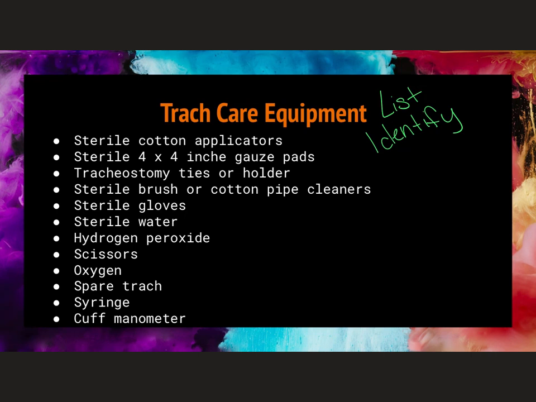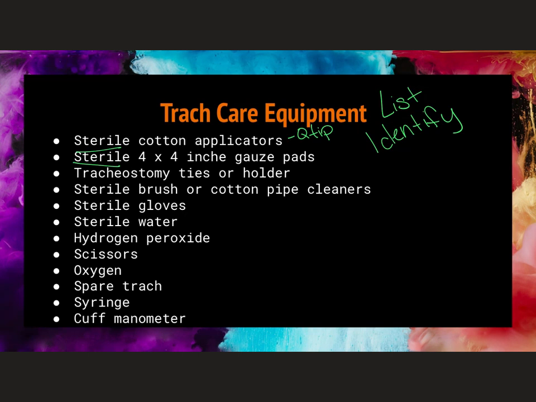So you're going to need sterile cotton tip applicators, a fancy word for Q-tip. But the key is sterile. Everything here is going to be sterile. Sterile 4x4-inch gauze pads. We're going to have trach ties or a trach holder, a sterile brush or cotton pipe cleaners, sterile gloves, sterile water, hydrogen peroxide, scissors, oxygen.